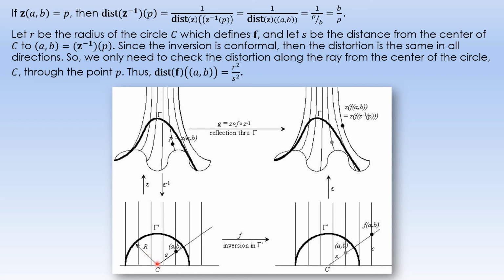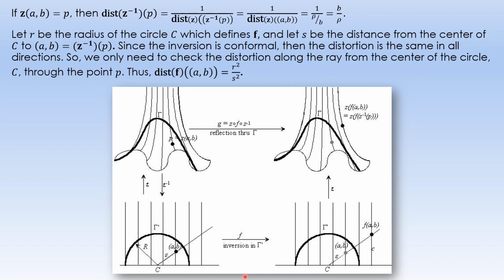If we focus on this part of the picture in the lower left-hand corner, we are going to define our inversion F on the center, using the center of the circle C with this radius R. And we want to let this distance from C to AB be the distance S. And remember, AB is the same as saying z inverse of P. Because inversions are conformal, as we discussed earlier, the distortion is the same in all directions.